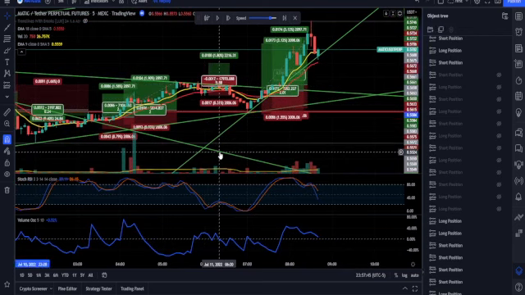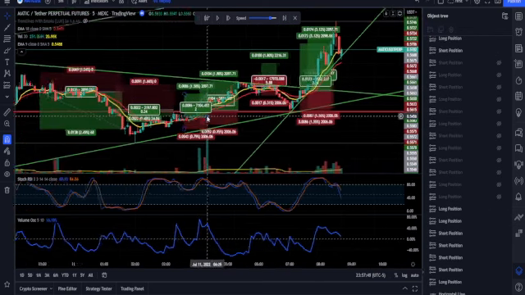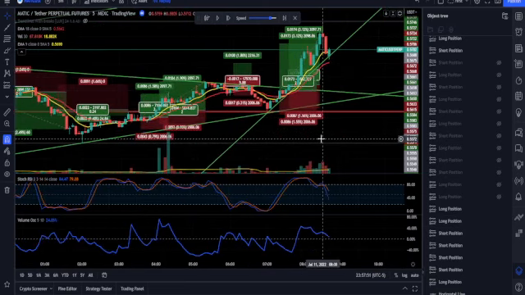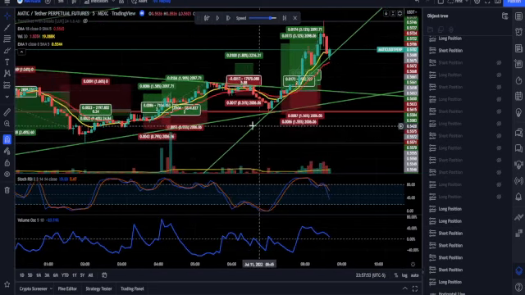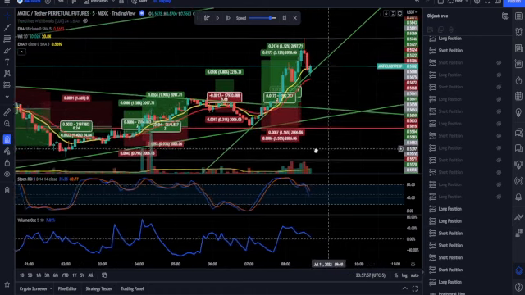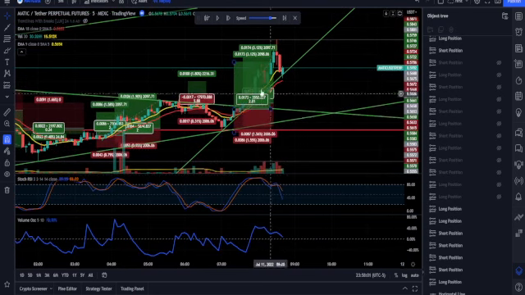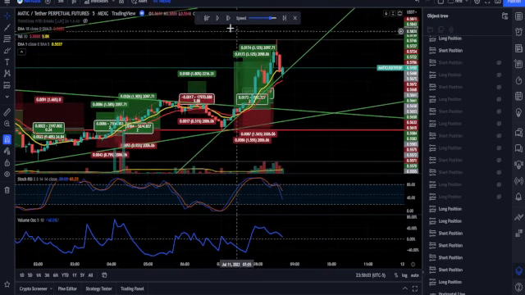We can get rid of this downtrend from back there. And we've got a major uptrend here, we've got a major downtrend here. We have cracked the downtrend, and we're now looking for when we can get in again.